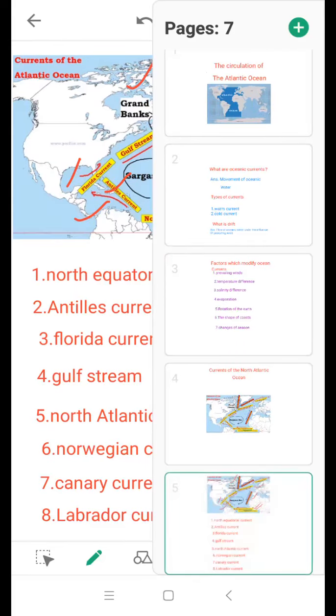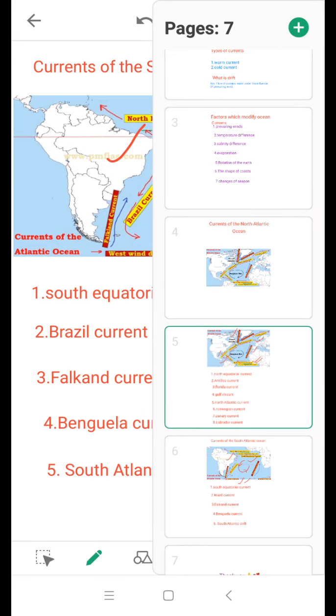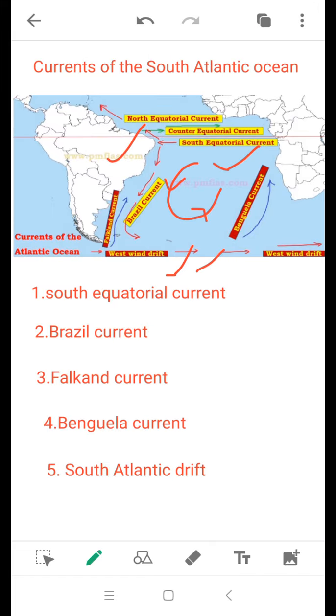So now we next have the South Atlantic Current. In the South Atlantic Current, we will see that when the South Equatorial Current strikes Brazil, one of its branches moves along the Brazil coast.